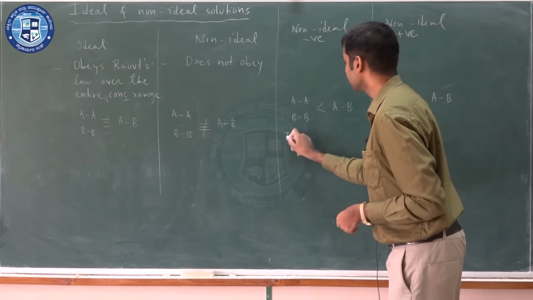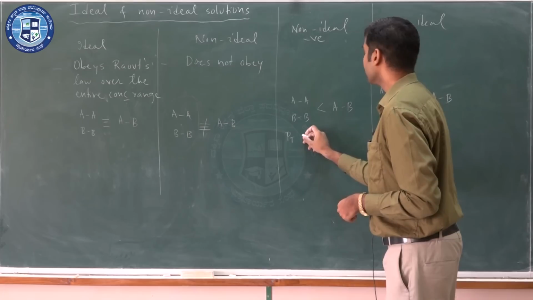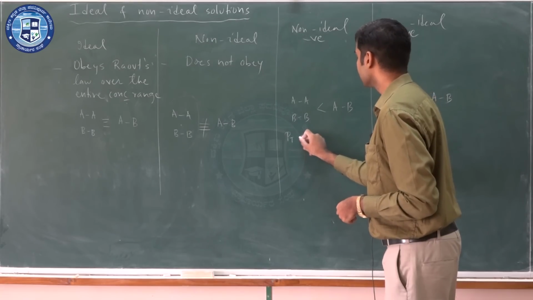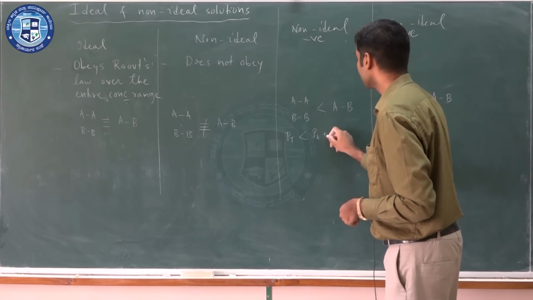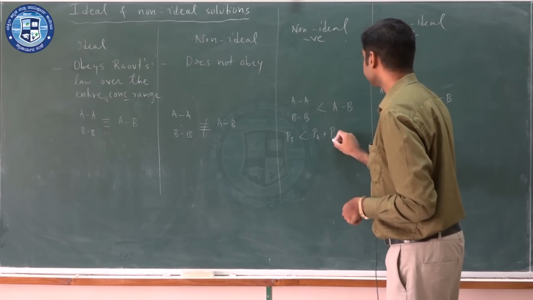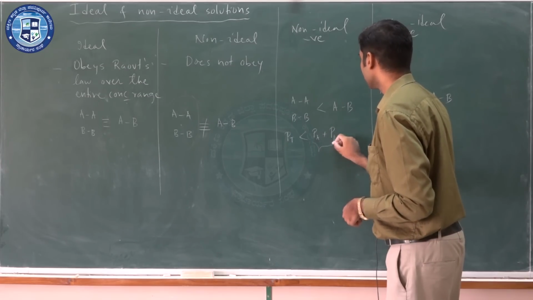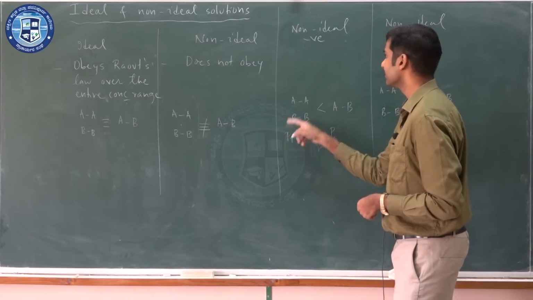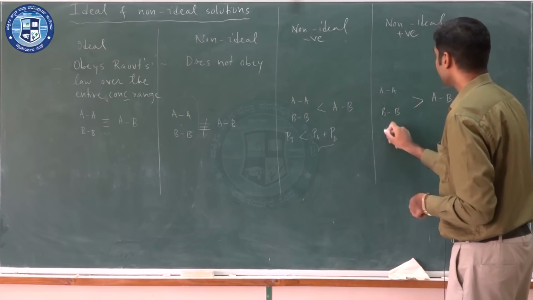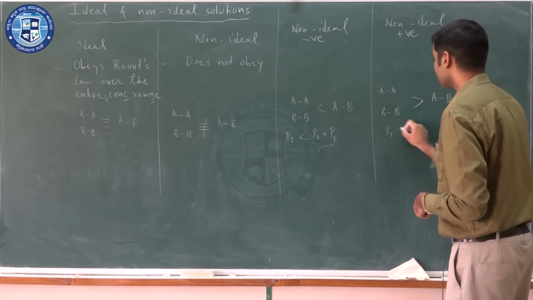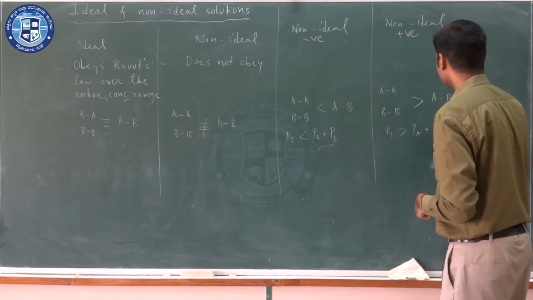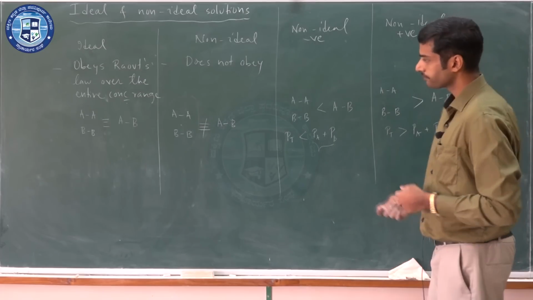So, in the negative case, P total will be less than what is expected according to Raoult's law. So, this is what you expect according to Raoult's law, but actually it is less, therefore, it is negative. Here, P total is now greater than the sum of the vapor pressure of these components.